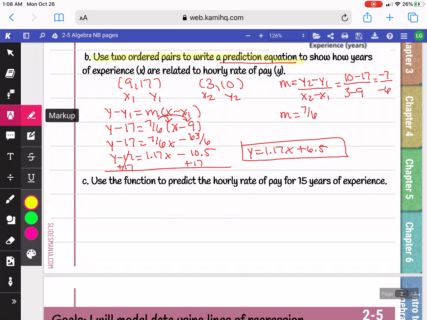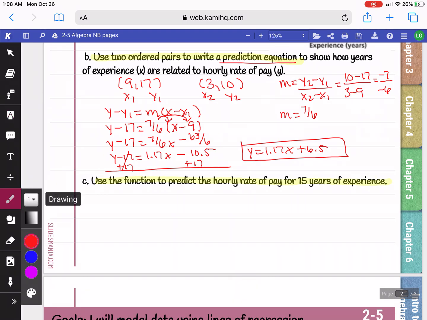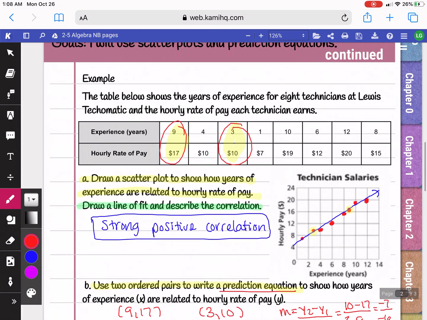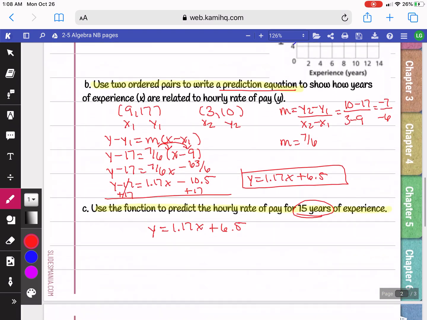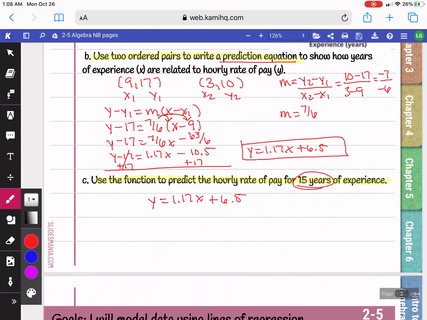Now I'm going to use this equation to predict the hourly rate of pay for 15 years of experience. So my number here is 15 years. And if you remember, the years was our X here, and the rate of pay was our Y. So I'm going to plug 15 in for X. And then I can start simplifying.